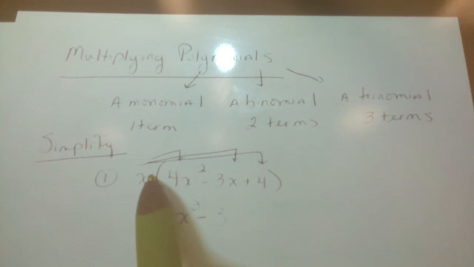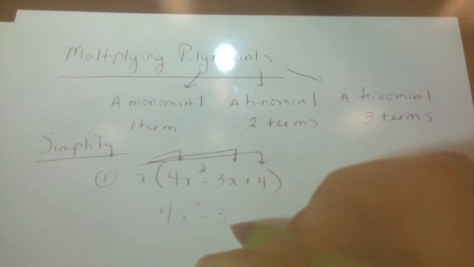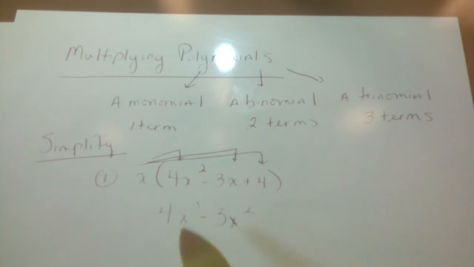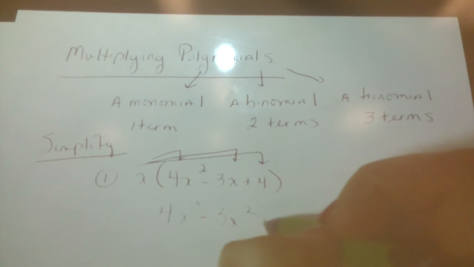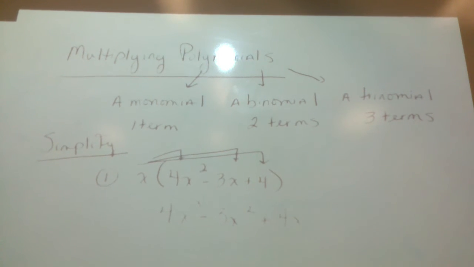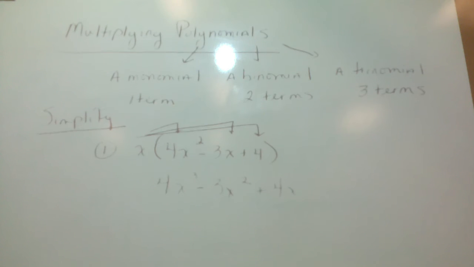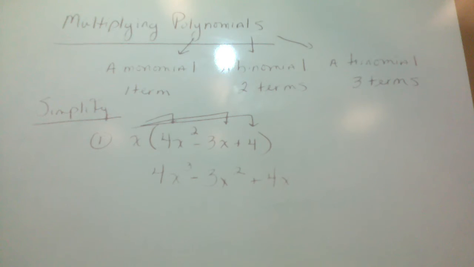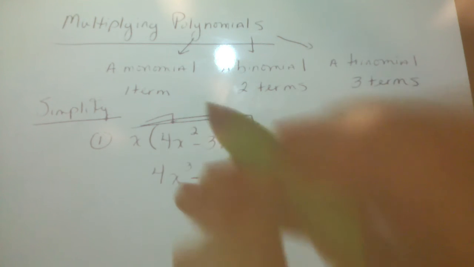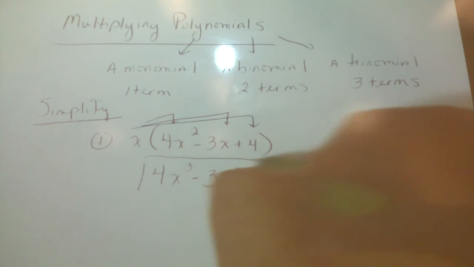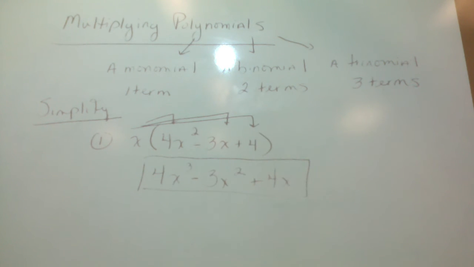I've got x to the first, add those exponents, x squared, and then x times 4 gives us 4x. I should have checked at the beginning, but I'll check now to make sure there are no like terms, which they are not. I've got x cubed, x squared, and x. I know I'm finished when I don't have any like terms after I multiply. You're always looking for those like terms.